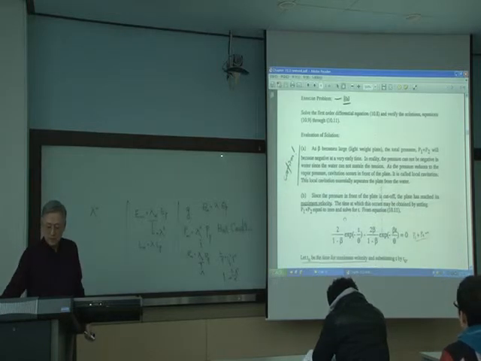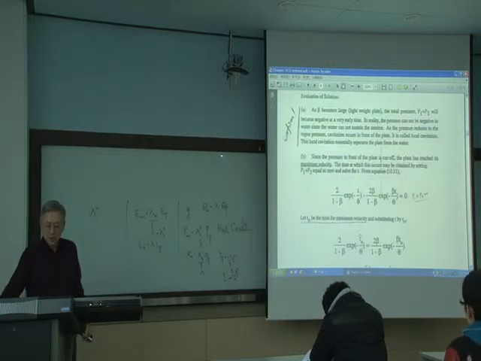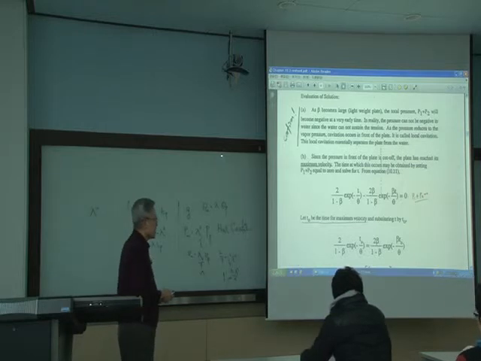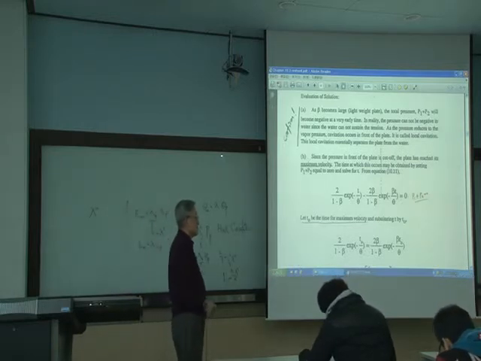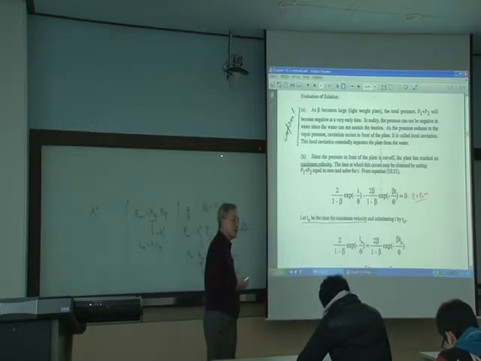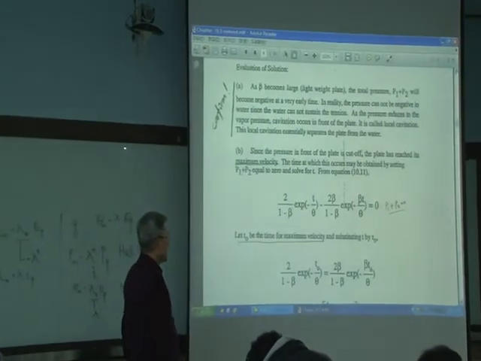Then the cavitation occurs. And when P1 plus P2 is equal to 0, if you compute the T from here, I said T is T naught. This T naught is the time for maximum velocity.